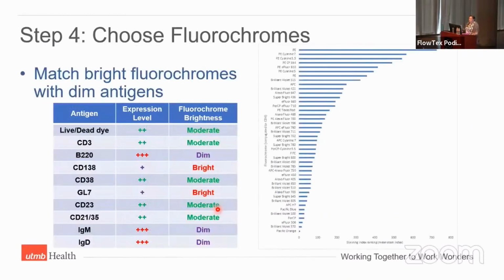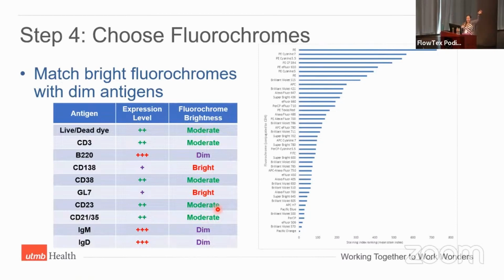So then I start matching those bright expression levels to a dim fluorochrome and vice versa. I want everything to come out at somewhat of a moderate expression level. So I want a bright fluorochrome with a dim antigen so that I find somewhere in the middle. Moderate to moderate, that's going to stay in the middle.